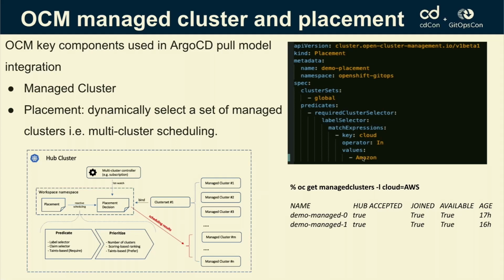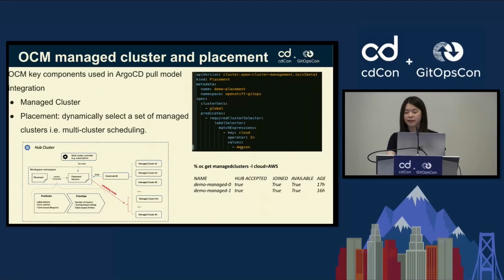On the top right, we have a YAML template that shows the placement. You can see I'm using the cluster set called global. With OCM, you will get a default global cluster set that's going to select all managed clusters that you've got. So you can narrow that down using a label selector, saying, I only care about cloud in Amazon, or any other provider.